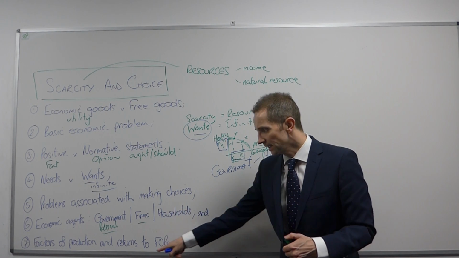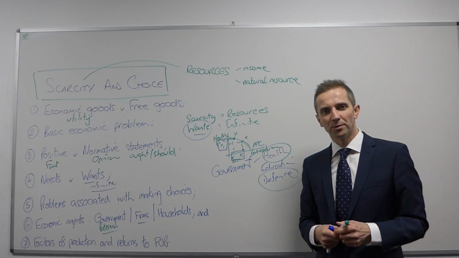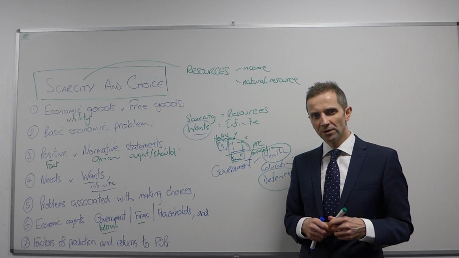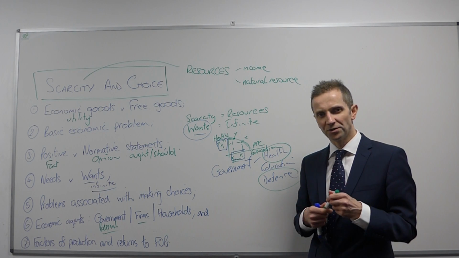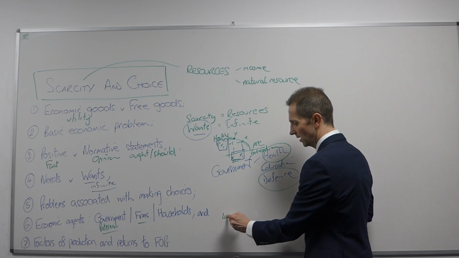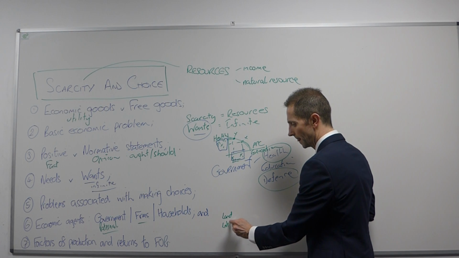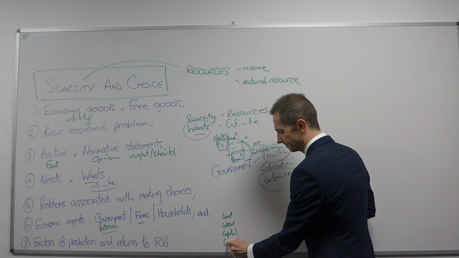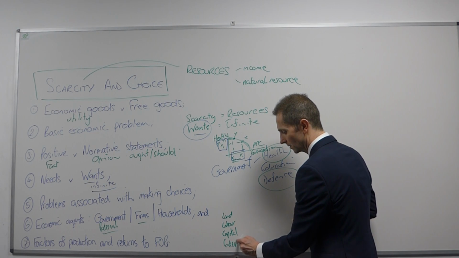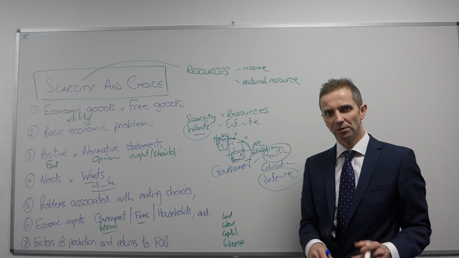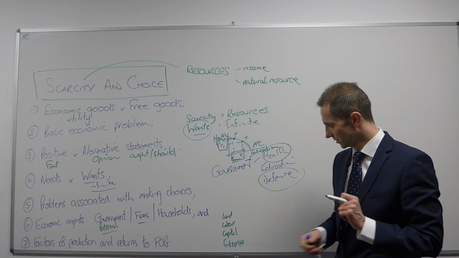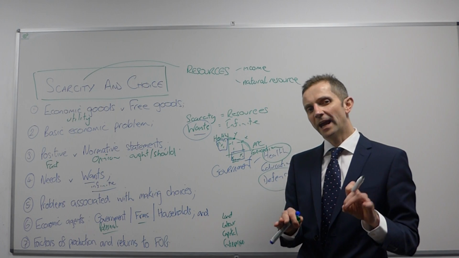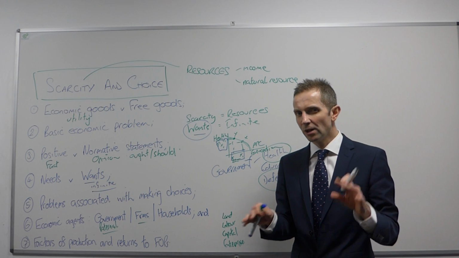Which brings us nicely into point number 7, the factors of production. The households, of course, the labourers, they are one of the factors of production. So you've got land, labour, capital, enterprise. So what do we mean by each of those? So land, natural resources. Labour, that's human effort. That's physical and mental.